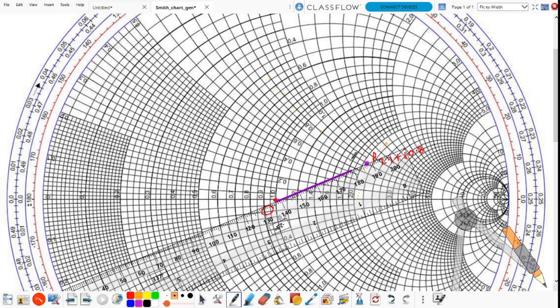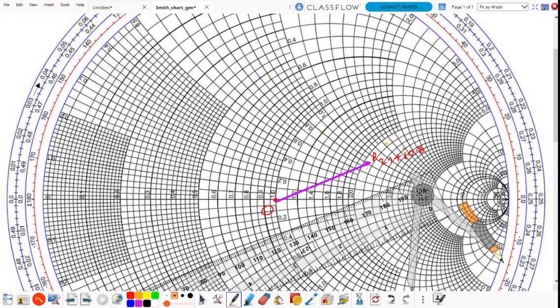Connect the center point and point P, and after that draw the VSWR circle. How to draw the VSWR circle? Take O as the center point and OP as the radius, and draw the VSWR circle or constant circle.